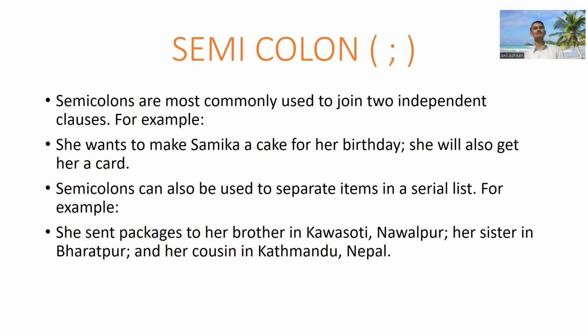Semicolons can also be used to separate items in a serial list. For example, she sent packages to her brother in Kawasaki, Nalpur; her sister in Bharatpur; and her cousin in Kathmandu, Nepal. In this way, if you want to separate items in a serial list, we use a semicolon.